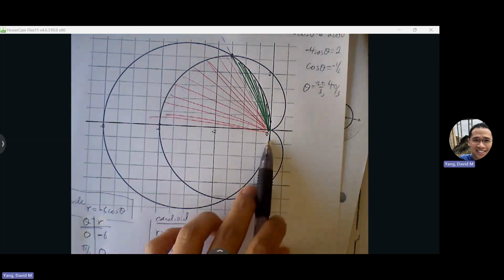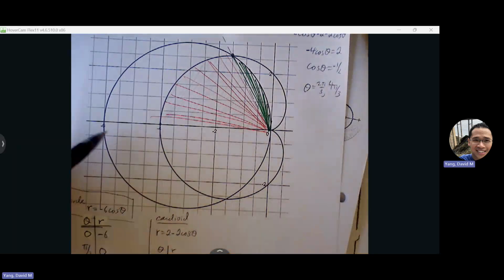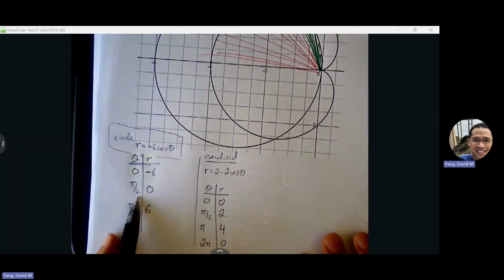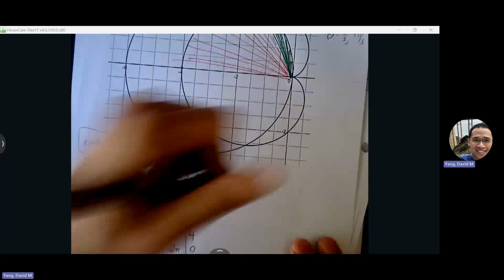So back to the circle here. If I want to find the circle starting here, we know that the circle is not going to hit polar 0 until pi over 2.